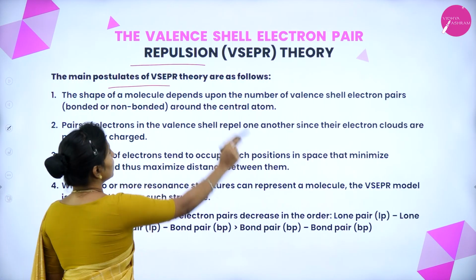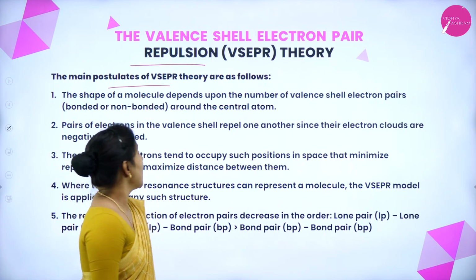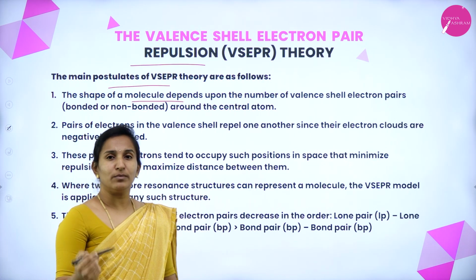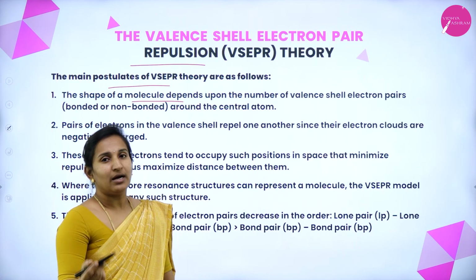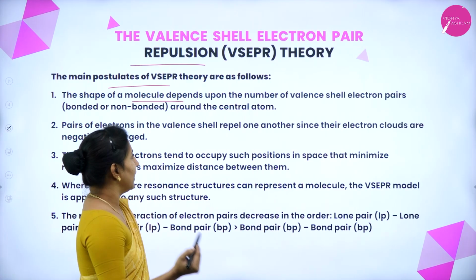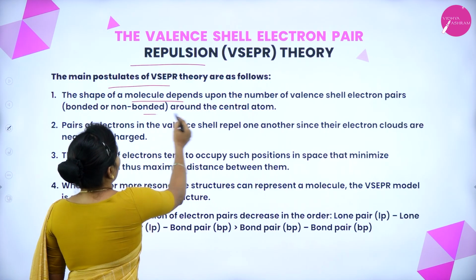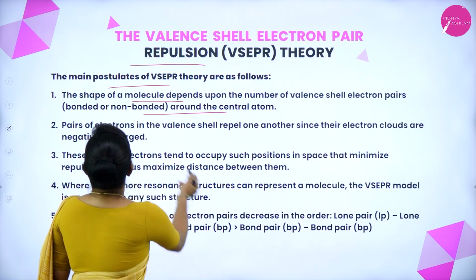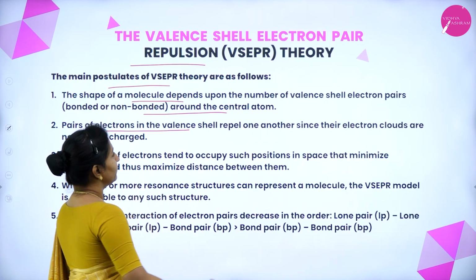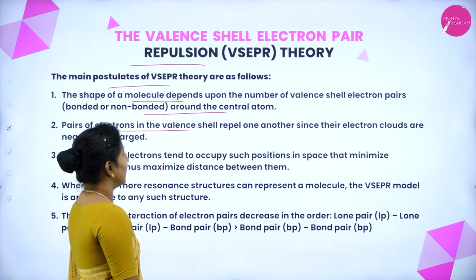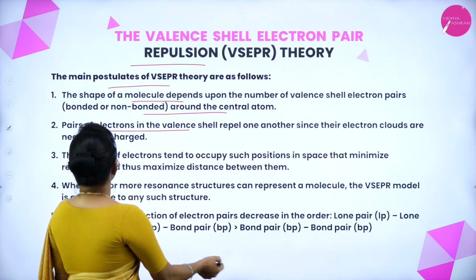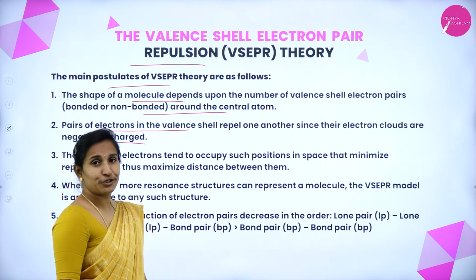The main postulates of VSEPR theory are as follows. The shape of the molecule depends upon the number of valence shell electron pairs around the central atom. The pairs of electrons in the valence shell repel one another, as electron clouds are negatively charged.